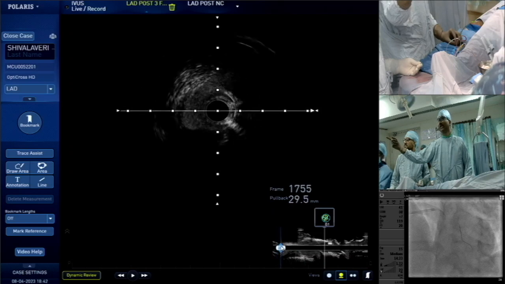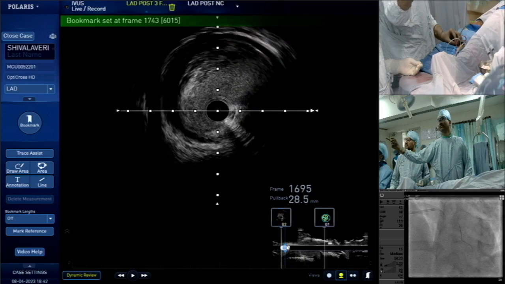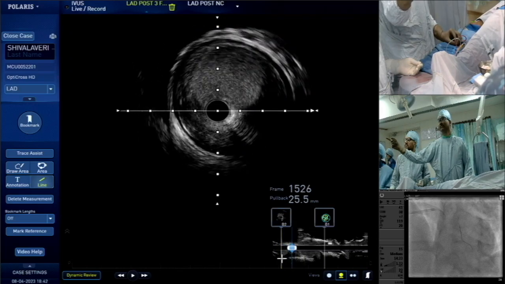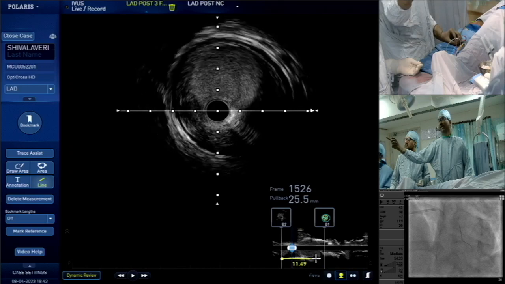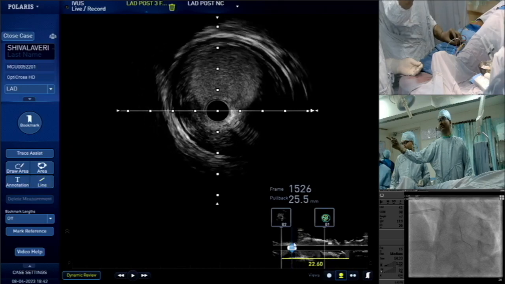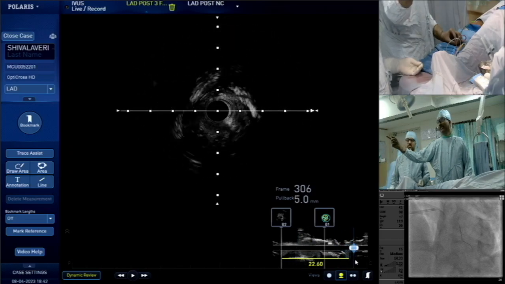Just a minute, sir. Or should I take 33? Just a minute, sir. Beyond diagonal. Where is diagonal? First show me diagonal. I think 28 should be fine, right? This is diagonal. Yeah. So I think 28 should be fine.